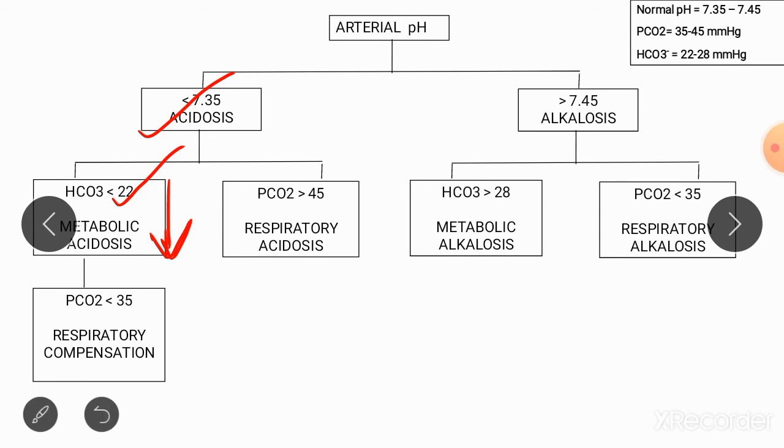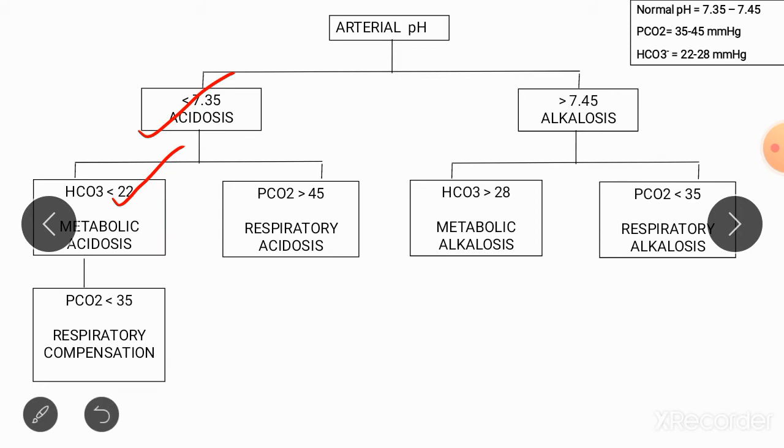But if you see that the partial pressure of carbon dioxide is normal and not reduced, then you are going to say that the lungs are not compensating and the person is suffering from uncompensated or non-compensated metabolic acidosis.